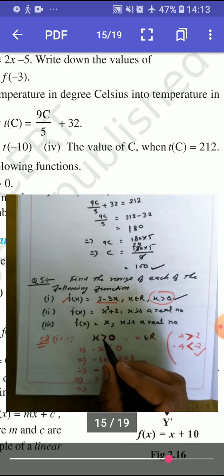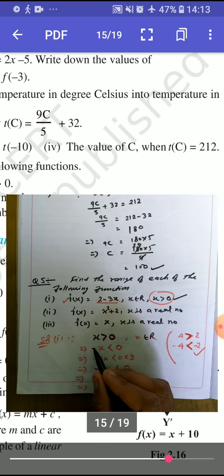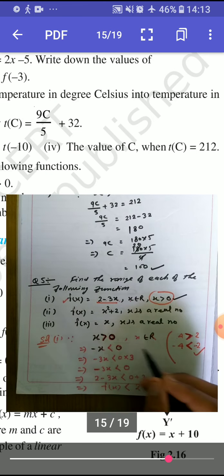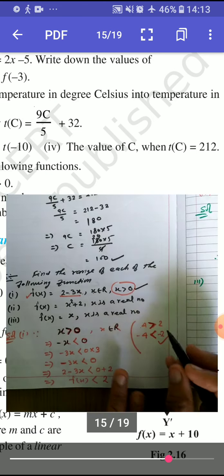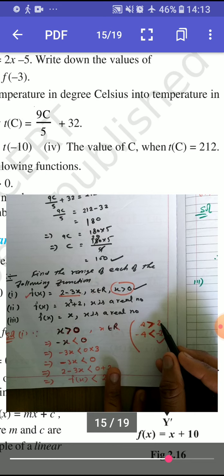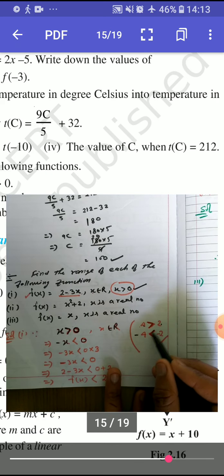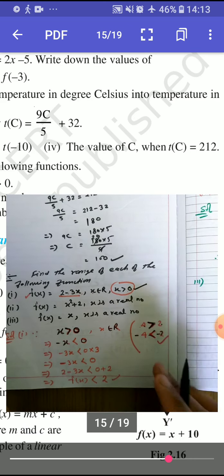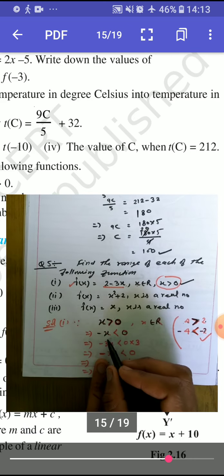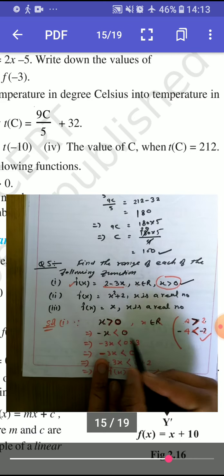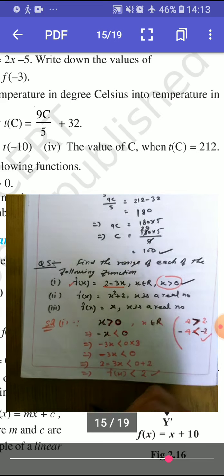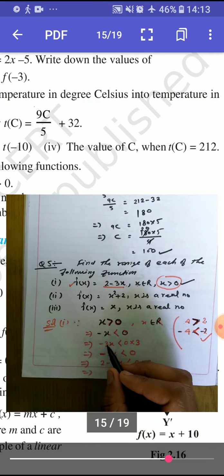If x is greater than 0, therefore minus x will be less than 0. You can understand with the help of this: since 4 is greater than 0, therefore minus 4 will be less than minus 2. The sign will reverse. After multiplying both sides, inequalities just behave like an equation.